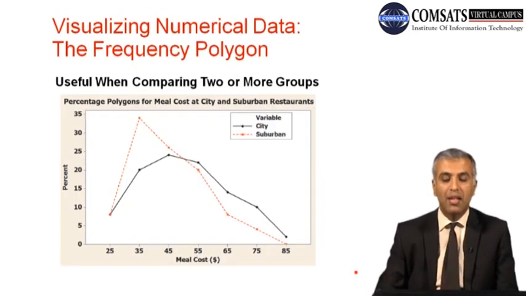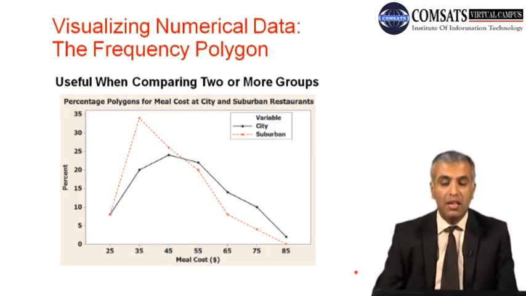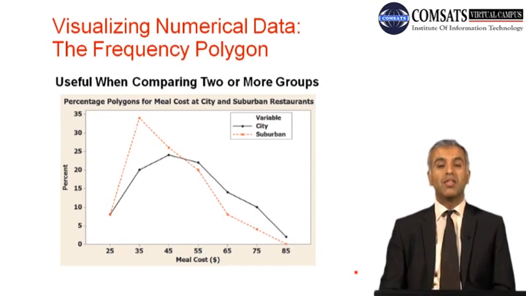Now here is just one example of two groups of values, given in terms of city variables and suburban variables. The meal cost has been given, and we have just displayed the midpoint values, and we plotted the percentage above these.